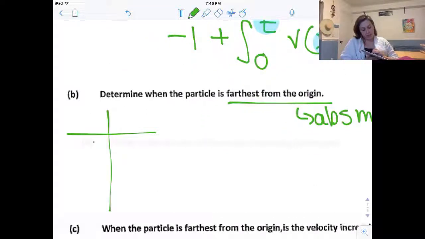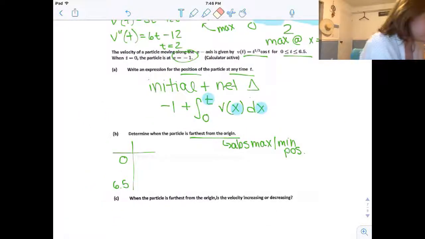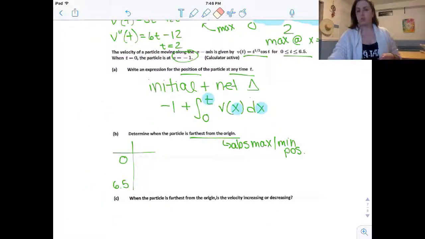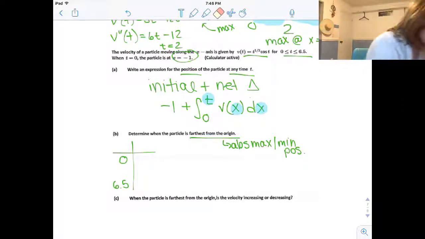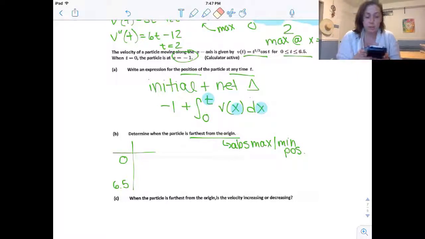And I'm going from 0 to 6.5. So let's see what my critical values actually are here. So I'm going to graph this. So it's y equals x to the 0.5 cosine of x, making sure that I'm in radian mode. And I'm going from 0 to 6.5.